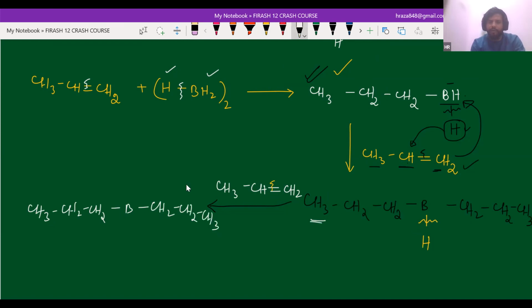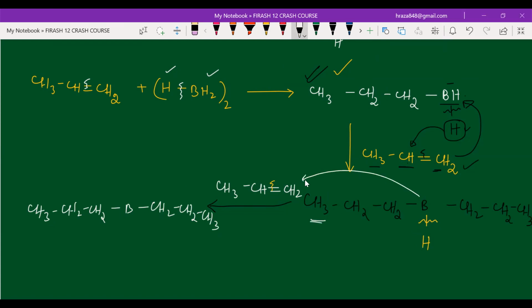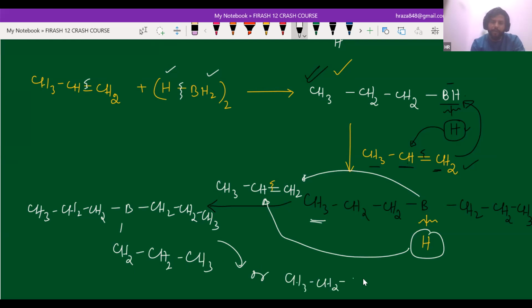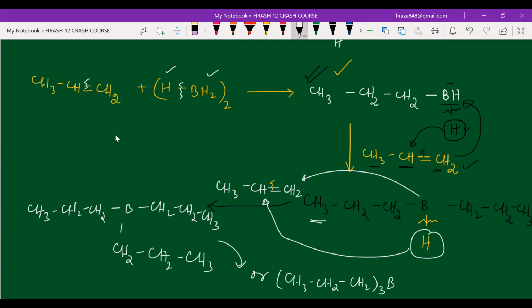And as you can see, on B also, boron will go to this, so it will be CH2 and this CH, and this hydrogen will come here on this, so it becomes CH2 and then CH3. So can I write this as CH3, CH2, CH2 whole thrice B? Yes. Can I write this?